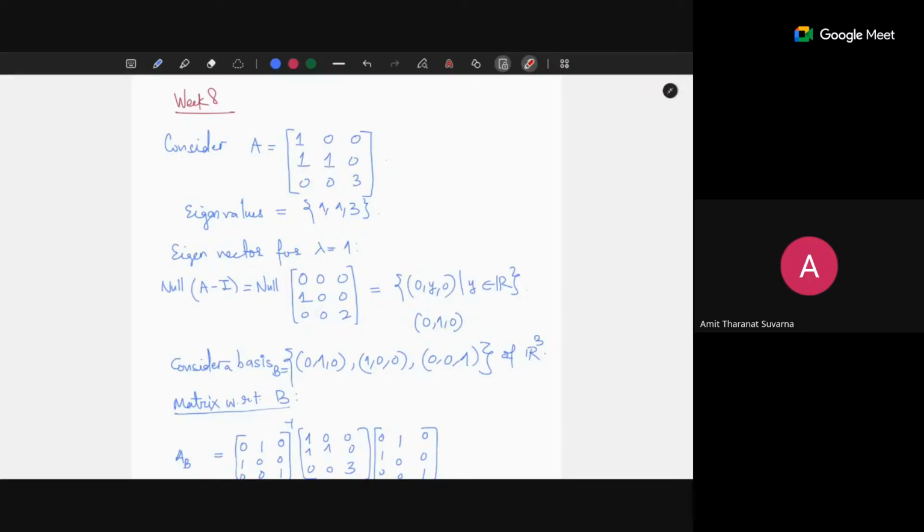Am I right? I'm saying x equal to 0 and 2z equal to 0.